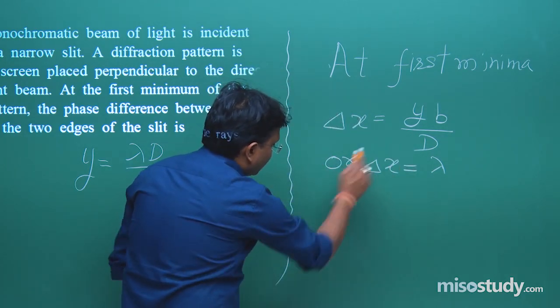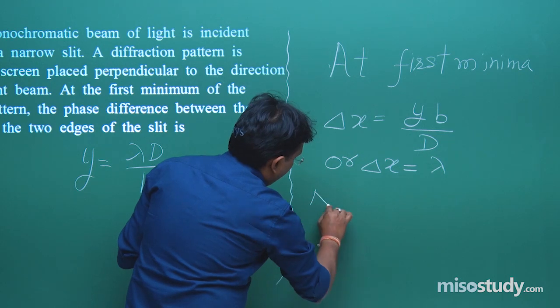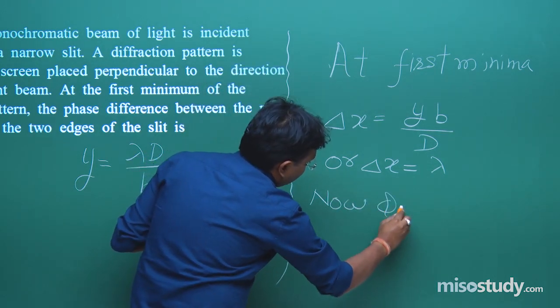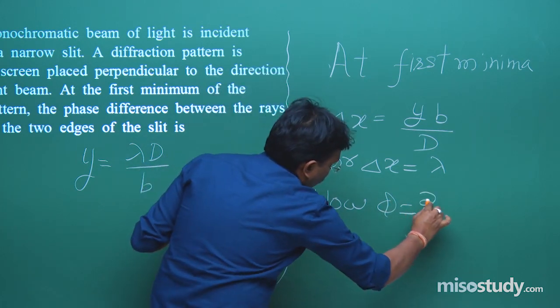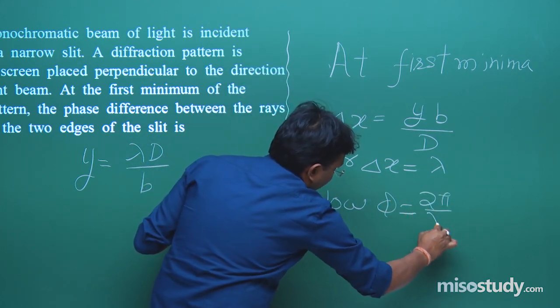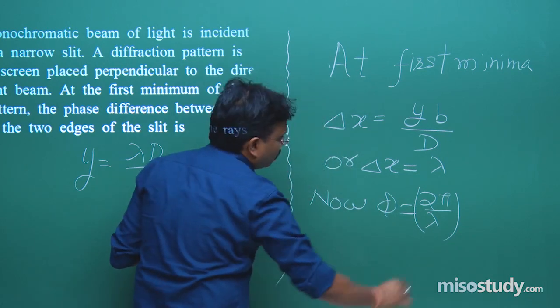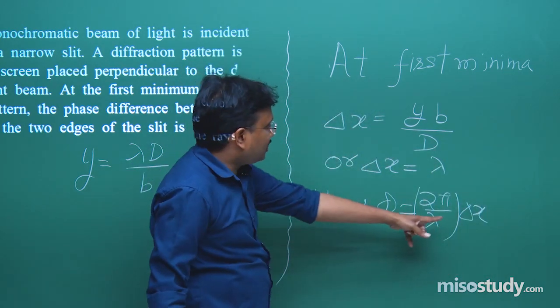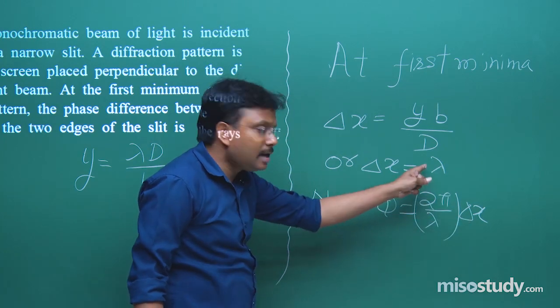Now, from this I can write down phi is equal to 2 pi upon lambda into delta x. Fine. And what is the value of delta x? Lambda.